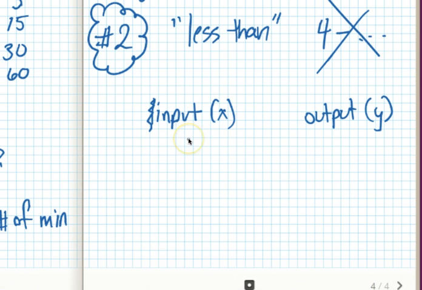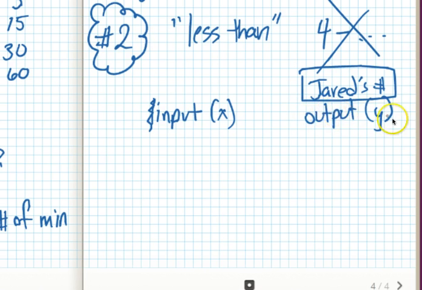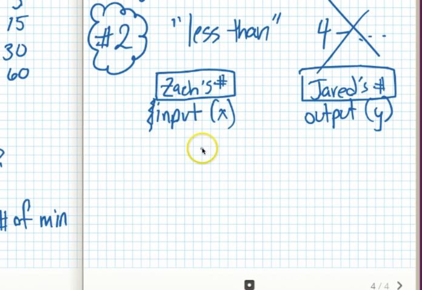I'm trying to figure out whose number of trophies, and that's important: Jared's number of trophies, because it says Jared has so much compared to Zach. So in order to figure out how many trophies Jared actually has, I need to know the number of trophies that Zach has. That would be the first most important step.